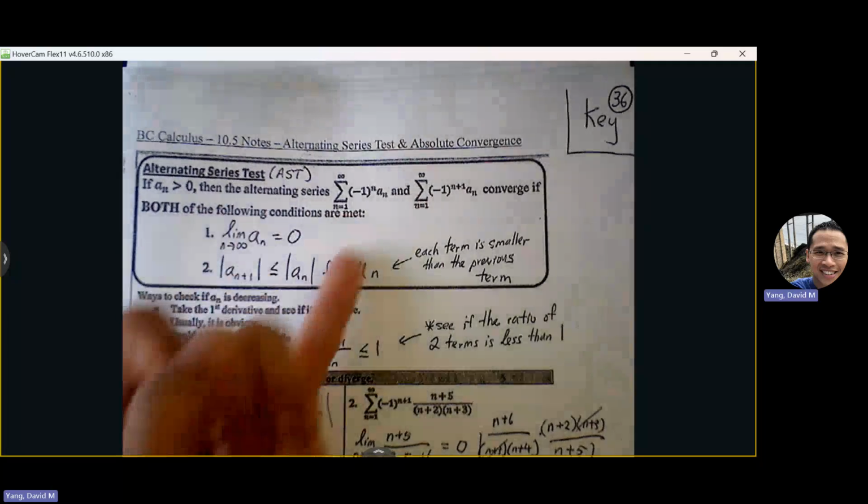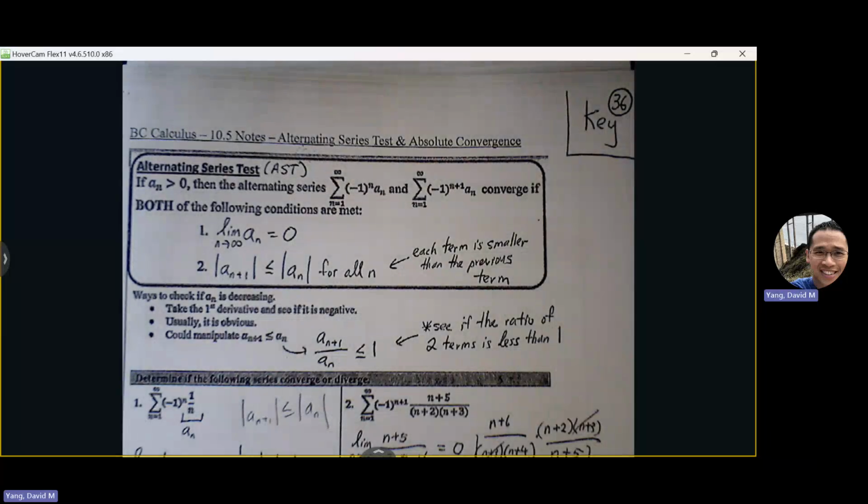So that's why we have to write out both these conditions, even though for most of our problems, if it passed the first condition, we're probably going to be able to get the alternating series test to be true, or our series to converge.